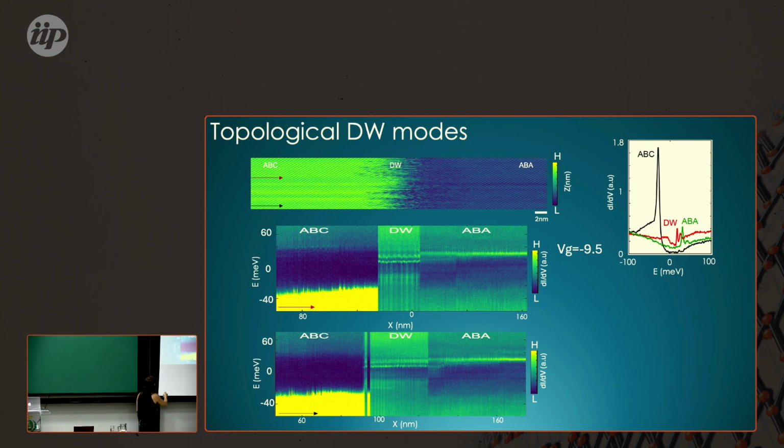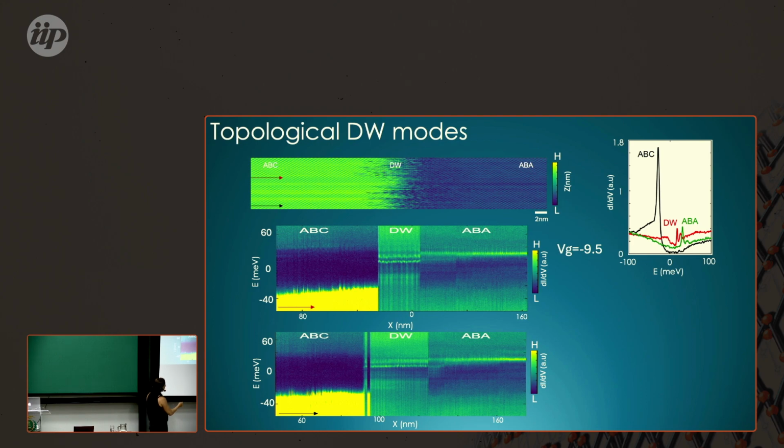This side is the ABC, where we see under minus 9.5 displacement field this sharp Van Hove singularity, the familiar spectrum. This is the ABA spectrum. And here in the middle, we see these in-gap states. We see this channel runs along this domain wall and is lying in the gap of the ABC and the ABA.